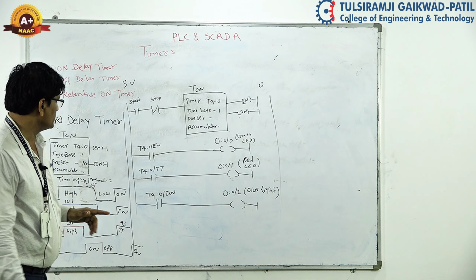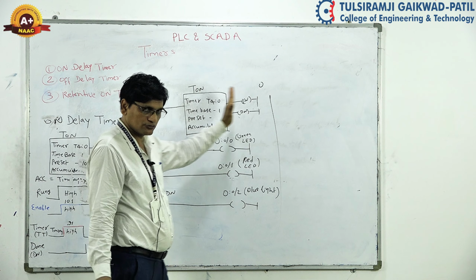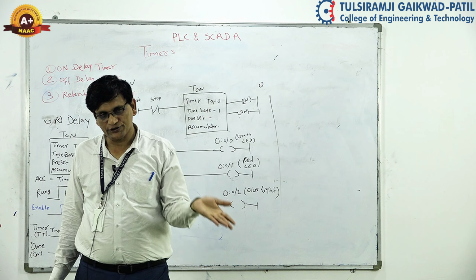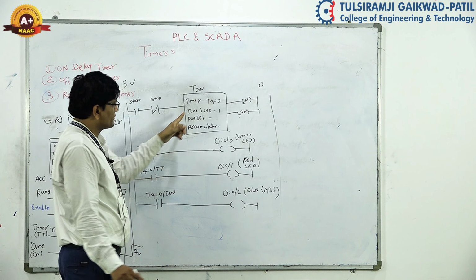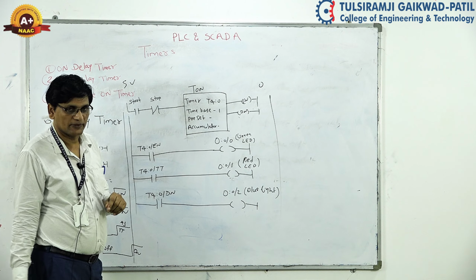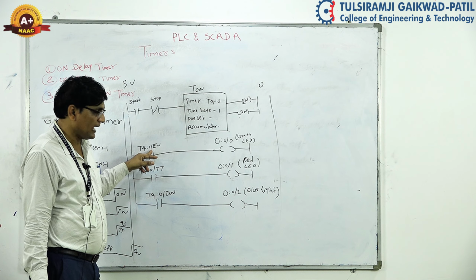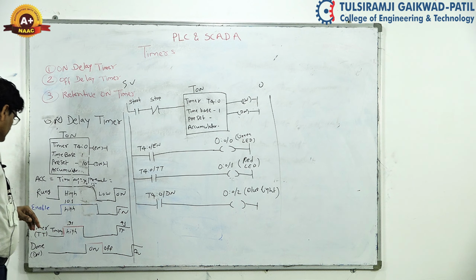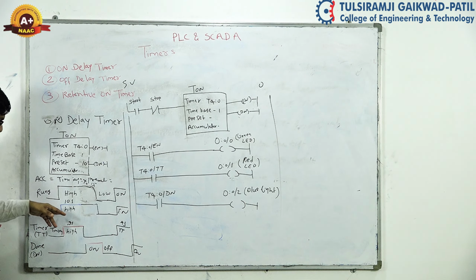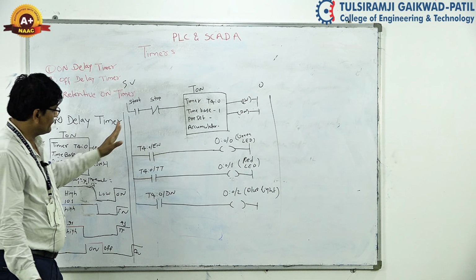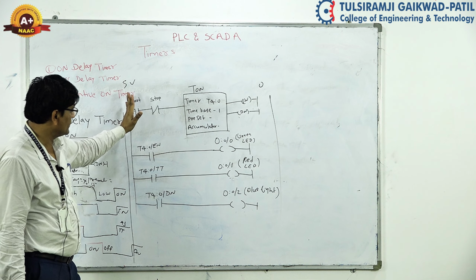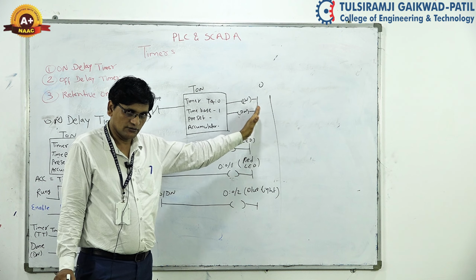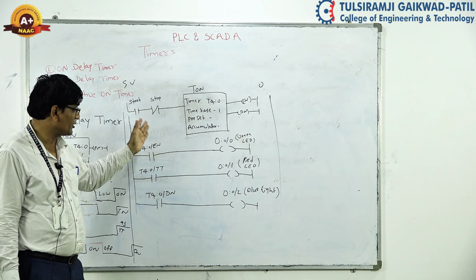Rung is on means supply starts from here to there, means higher potential to ground potential. After we switch on this timer, what will happen? This enable bit is on. From this timing diagram you can observe that when the rung is on, when we switch on this button, supply starts from here to there, so we can say the rung is on.